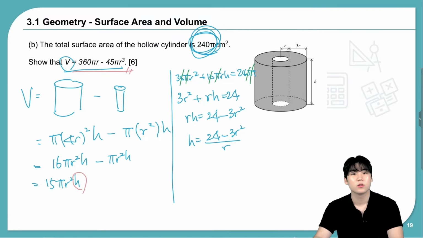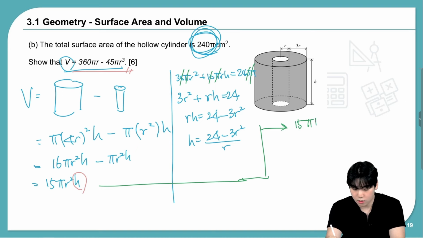So let's try to sub in. Subbing that gives 15 pi r squared multiplied by 24 minus 3r squared over r. Now I can cancel out the r as well.